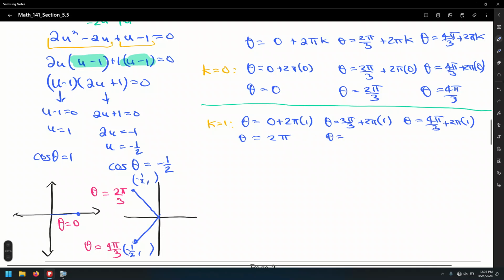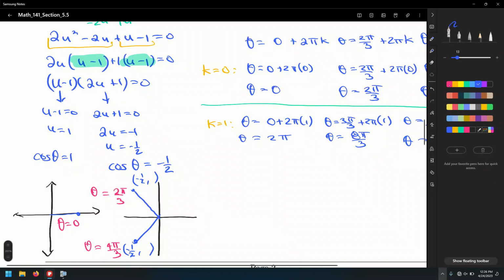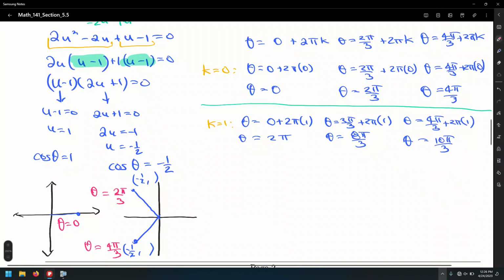So that's going to give us, on the one hand, 2 pi. This is going to give us 2 times 3, 6 plus 2, that's 8 pi over 3. And that's 2 times 3, 6 plus 4, that's 10 pi over 3. Notice how all these values go beyond the interval 0 to 2 pi.